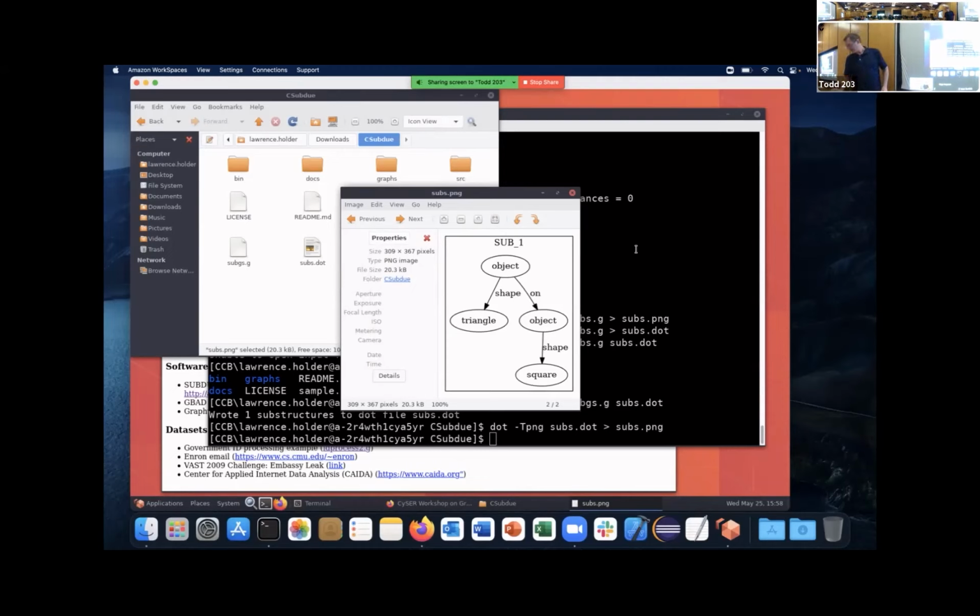So I think that's all of exercise 1. Again, that gives you an idea of how you can run Subdue on a graph and identify the highly compressing patterns that are in the graph and then visualize them. Which is kind of what we do all the time. Okay, so now I'm going to switch back.